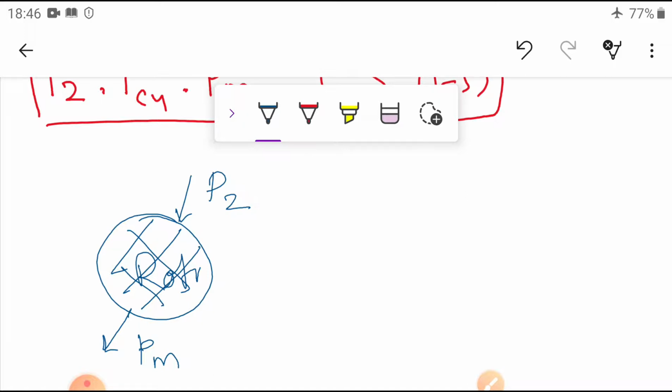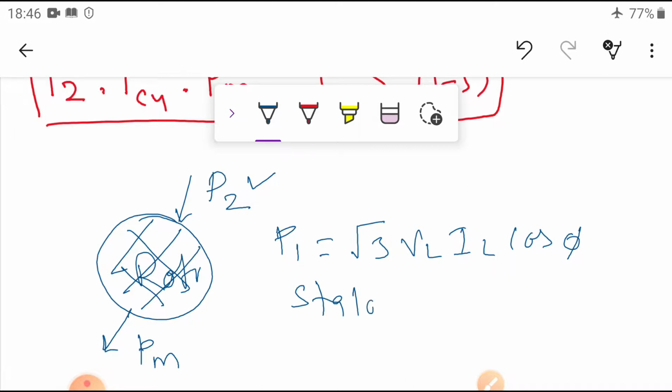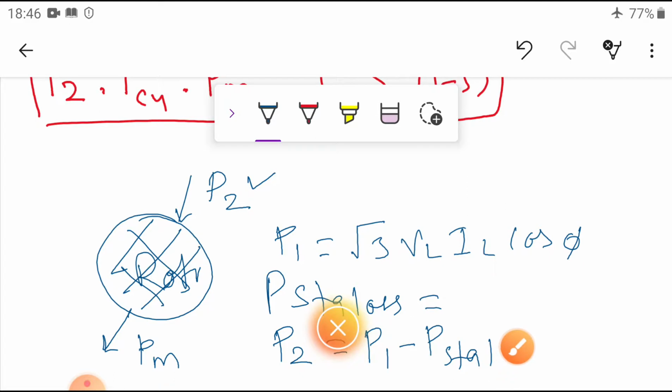Now, if you know the P1 input, that is equal to root 3 VL IL cos phi, and if you know the stator losses, then we can easily calculate P2. P2 is equal to P1 minus P stator losses.